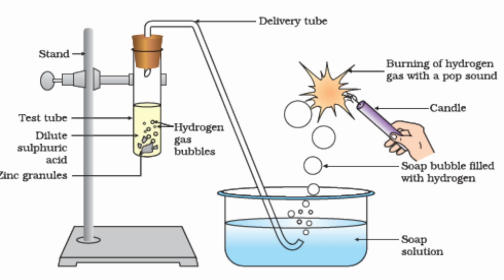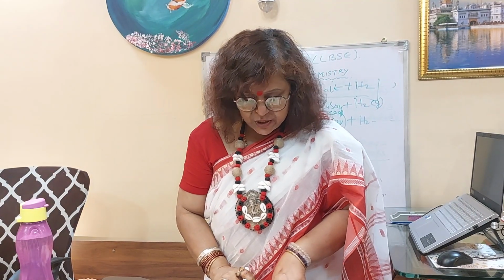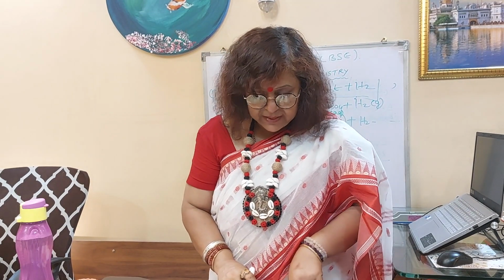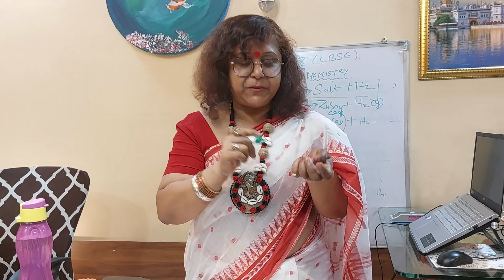This pop sound tells you about the evolution of hydrogen gas. This is a very very important reaction to show that hydrogen gas is produced by the action of acid on zinc, passed in a soap solution, and by bringing a burning splinter near it, a pop sound is produced.